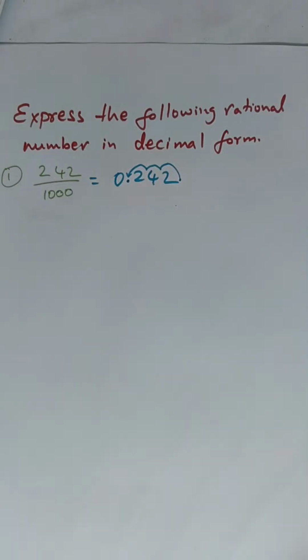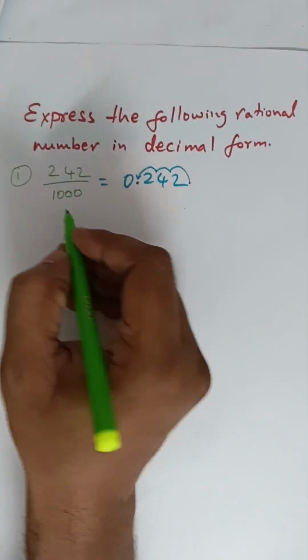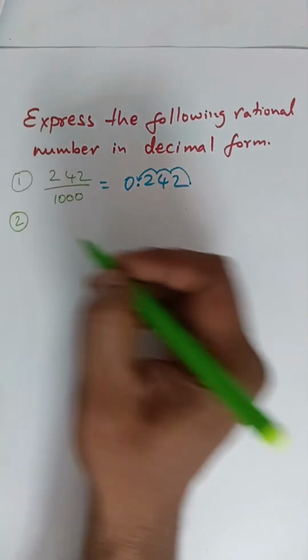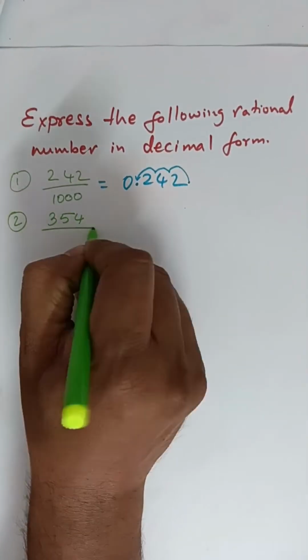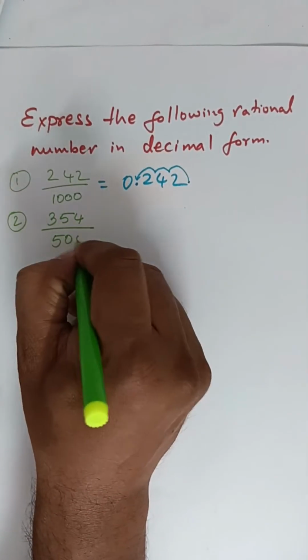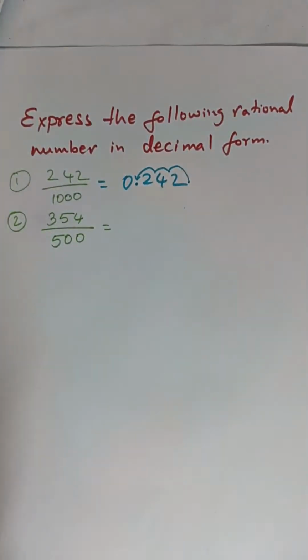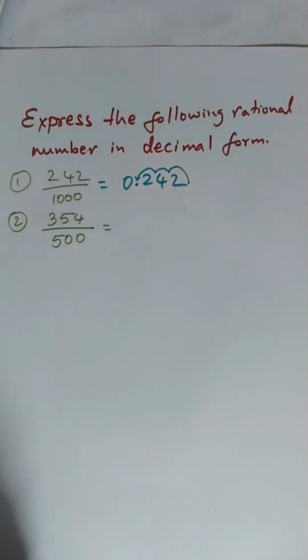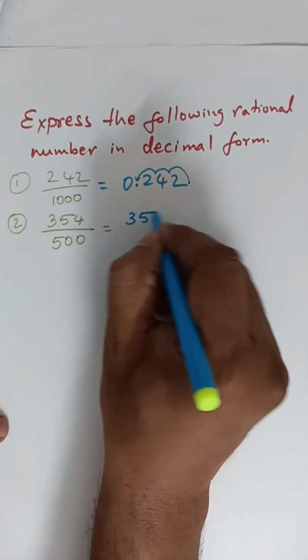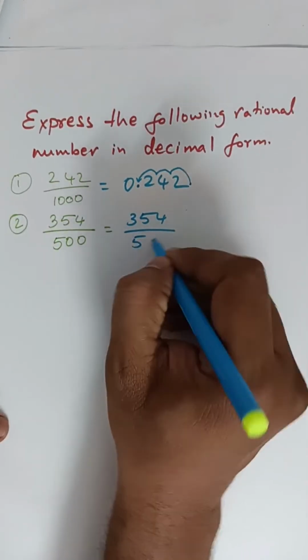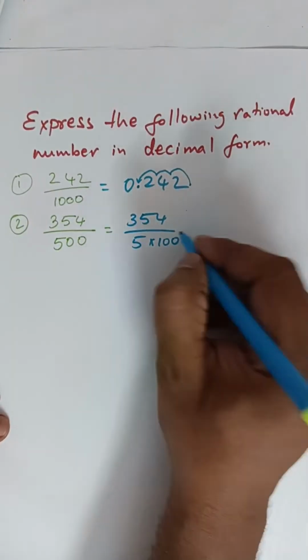Next question. 354 by 500. You can write this as 354 by 5 multiplied by 100.